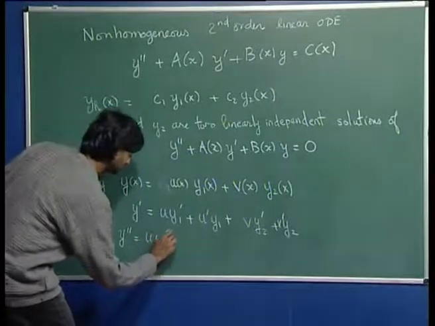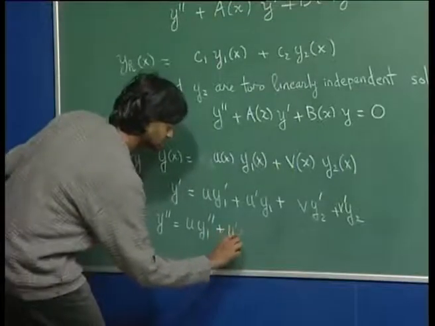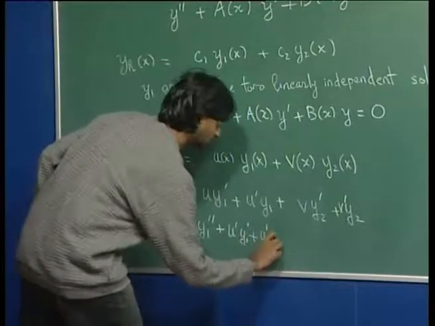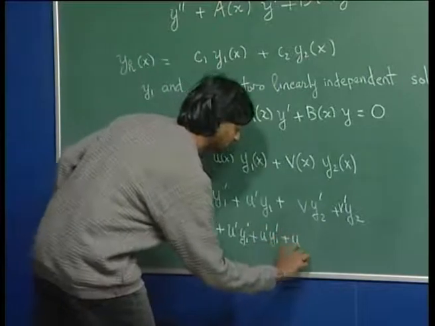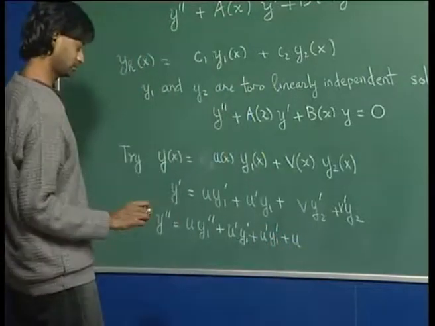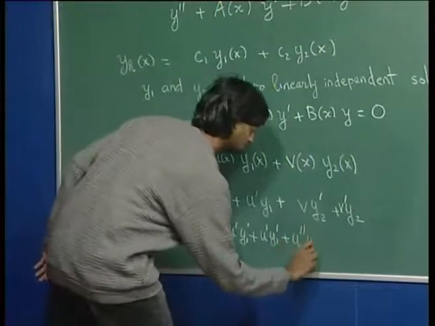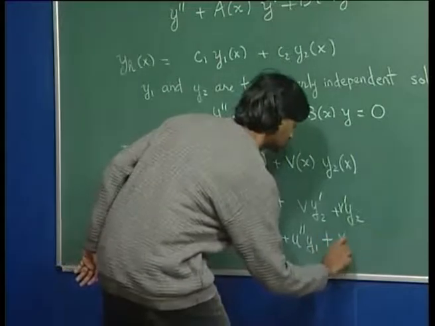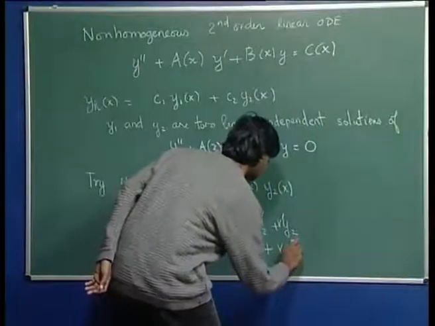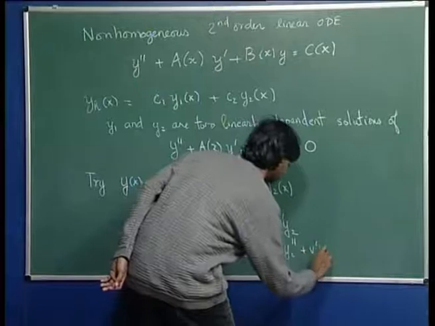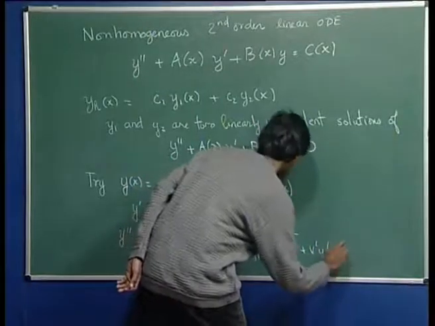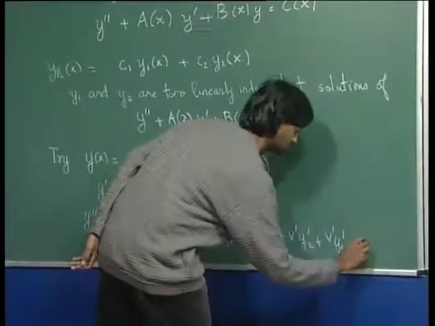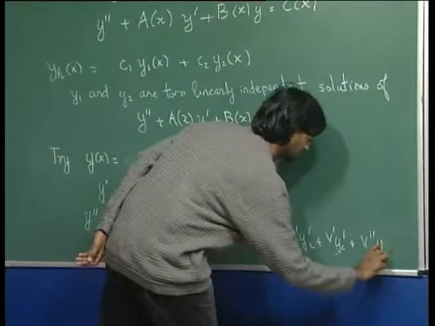Then if you take the second derivative, you get u y 1 double prime plus u prime y 1 prime plus u prime y 1 prime plus u double prime y 1 plus v y 2 double prime plus v prime y 2 prime plus v prime y 2 prime plus v double prime y 2.